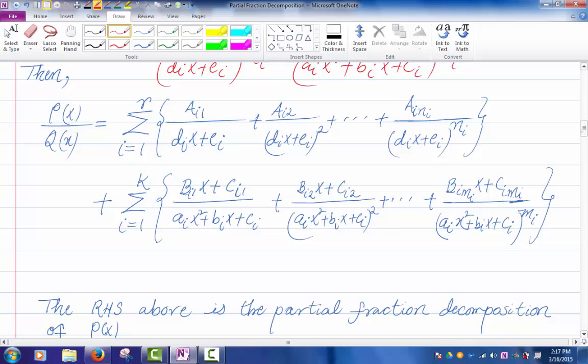That's what it means. And that's the partial fraction decomposition.